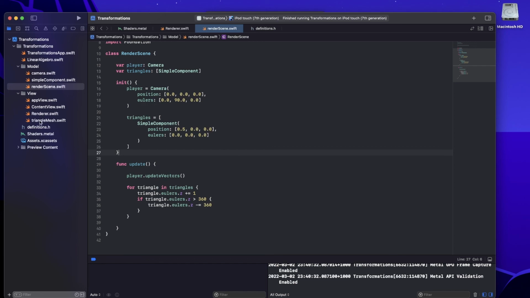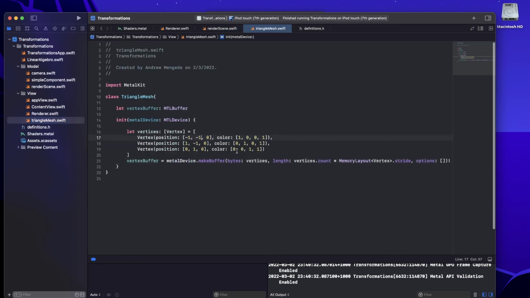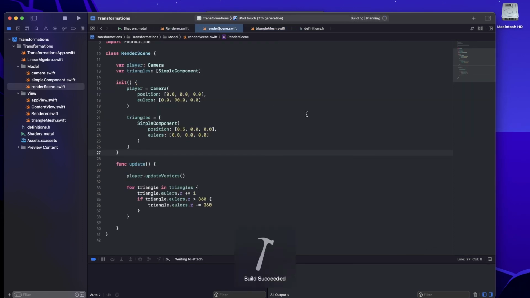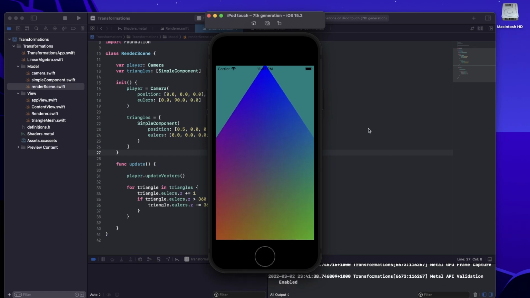So if we go to our triangle mesh and just reverse this around, now because the view transformation takes into account the direction that the camera is actually facing, now Z is up. And that's what I was missing before. So if we run this, now this should work. See, now we're rotating around the Z axis and it's up.